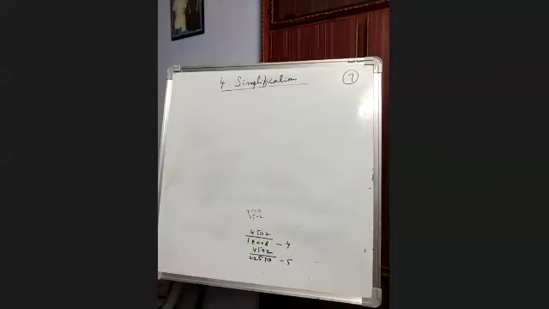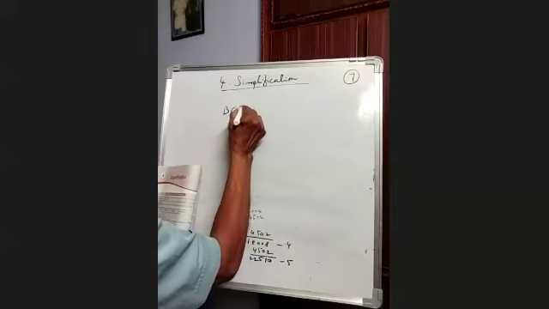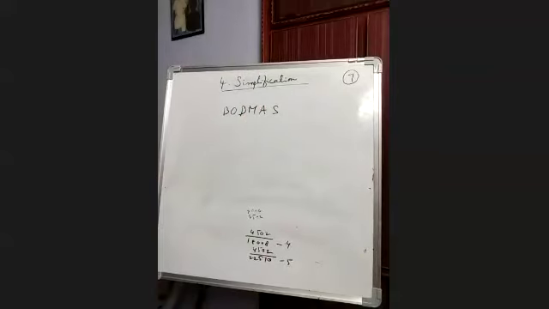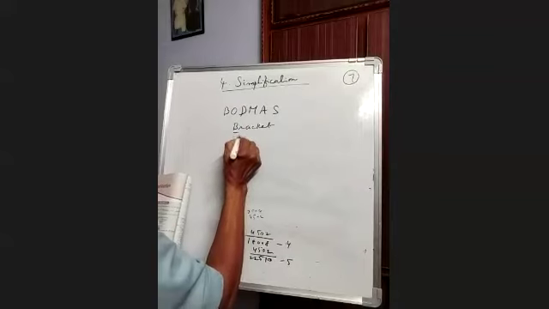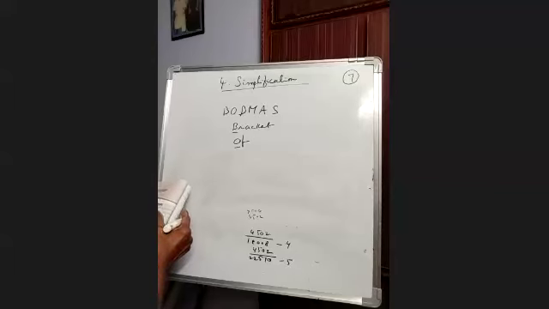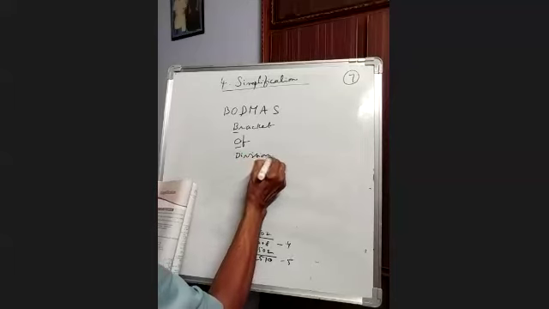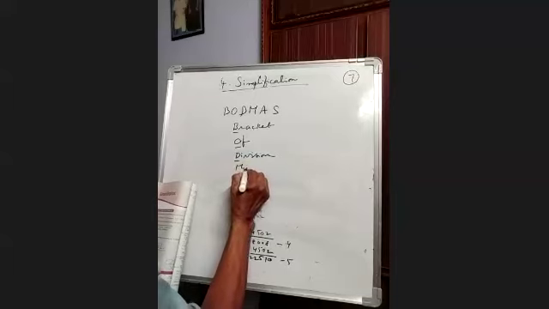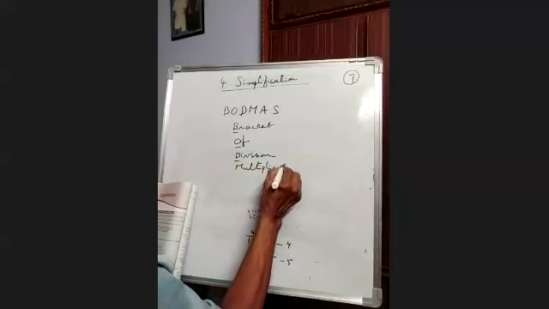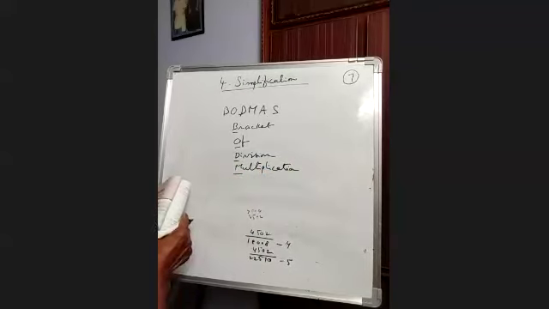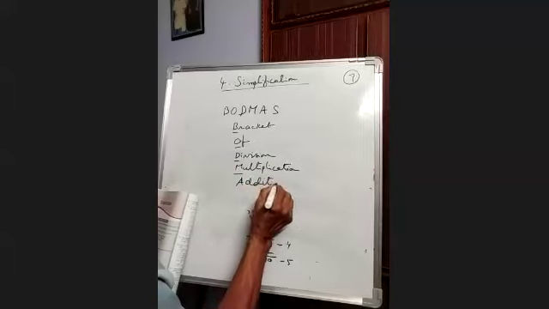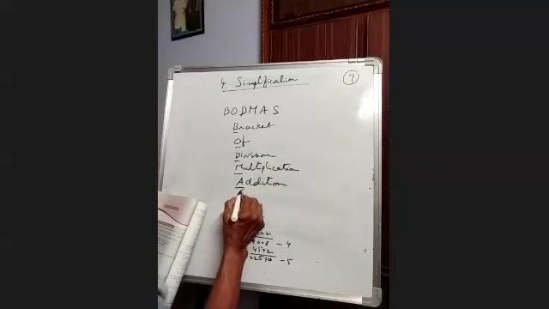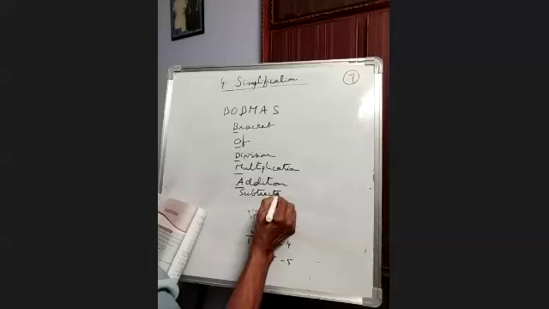There are no principles actually, but one rule I've been telling you, BODMAS. B for bracket, O for of, D for division, M for multiplication, A for addition, and S for subtraction.